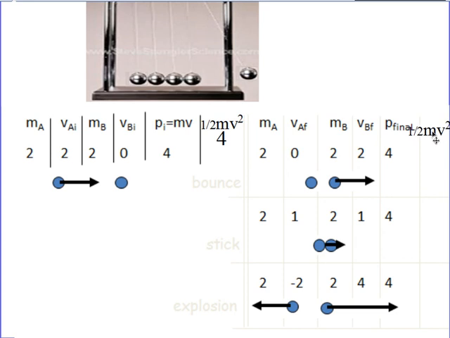And you can see that the kinetic energy after the collision in this case is again 4. But in this case, if you take 1/2 this mass times that velocity squared plus 1/2 this mass times that velocity squared, you get a 2.